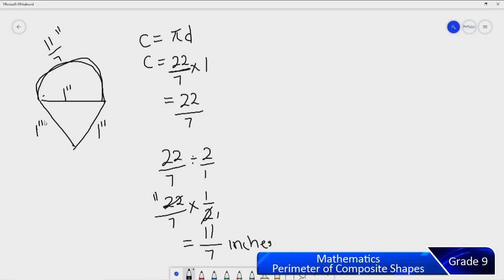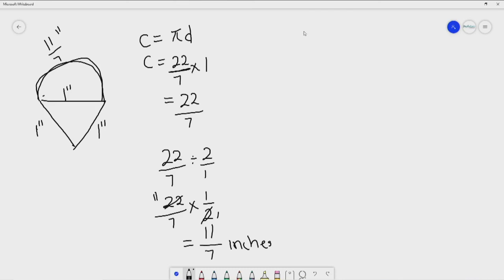So now that we have side lengths for this entire figure here, all we have to do now is add them. So we have to add 11 over 7 plus 1, which is this side, plus 1.